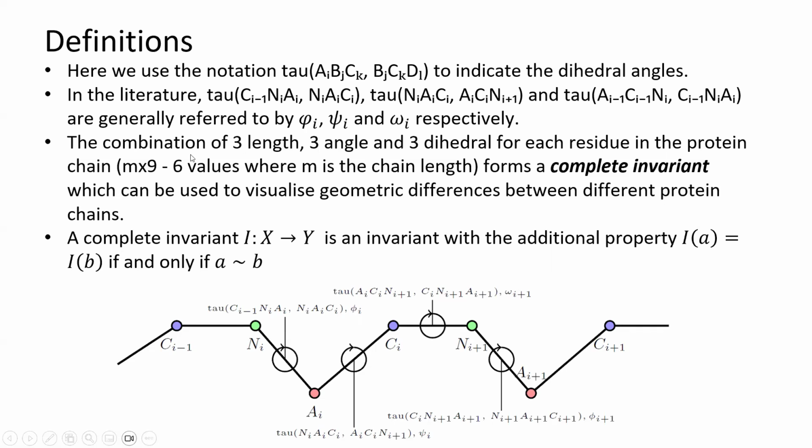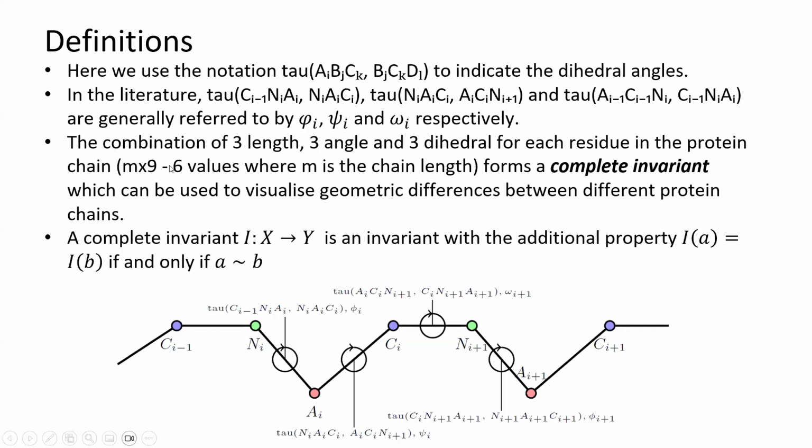So our combination of these three lengths, three angles, and three dihedral angles for each residue forms a complete invariant. Now the dimension of this invariant: in the BRI, the dimension was m times 9, where m was the length of the protein chain, and 9 represented the fact that we had three coordinates in each of the three basis vectors.